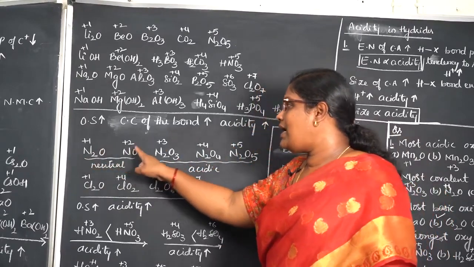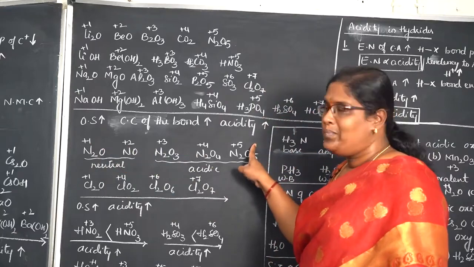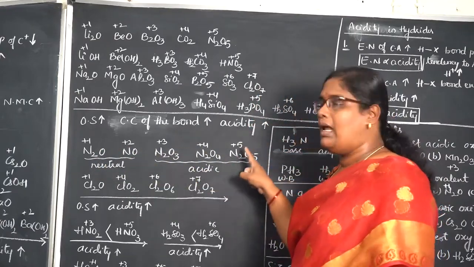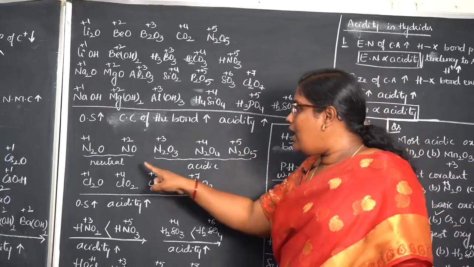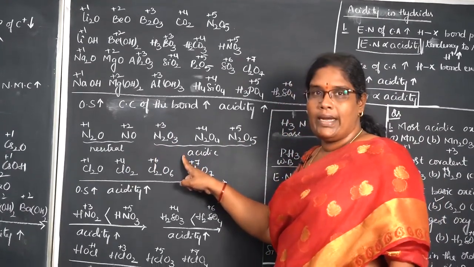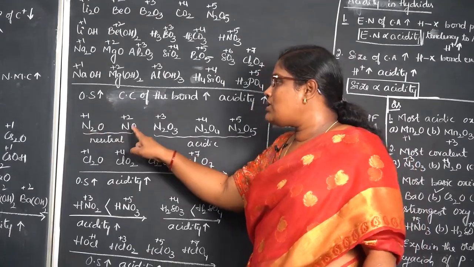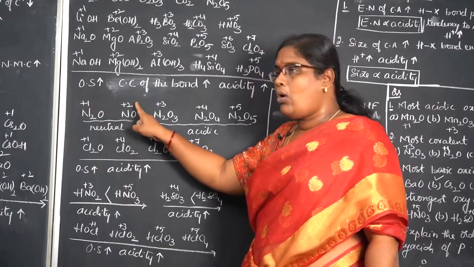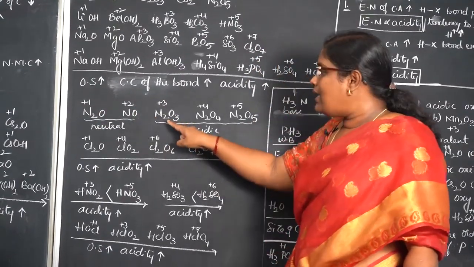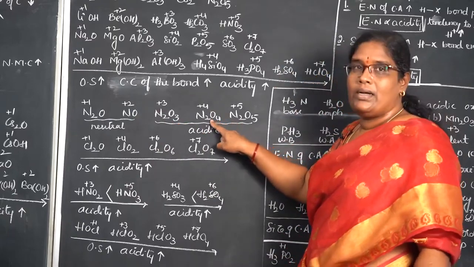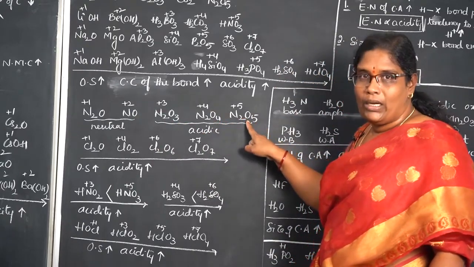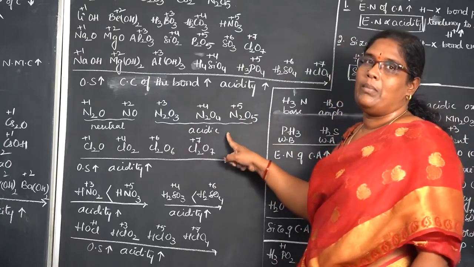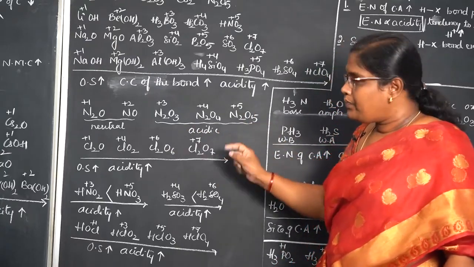Again, the changing factor is oxidation state here. So when the oxidation state is increasing, the acidity increases. And that we can observe in the nature of oxides. So nitrous oxide and nitric oxide are neutral due to lower oxidation state, and the remaining nitrogen trioxide, tetroxide and pentoxide have high oxidation states, therefore they are becoming acidic oxides.